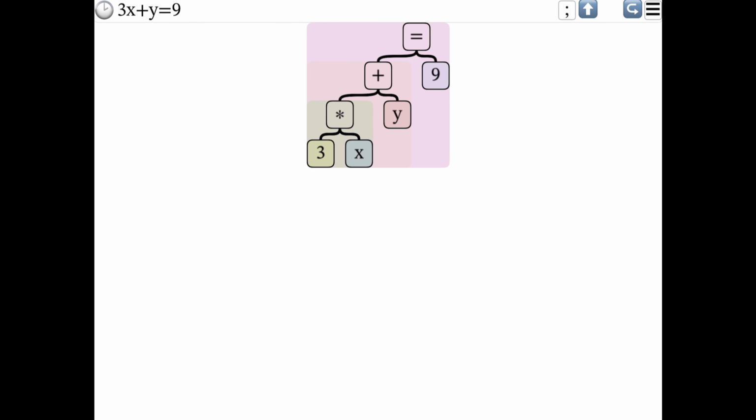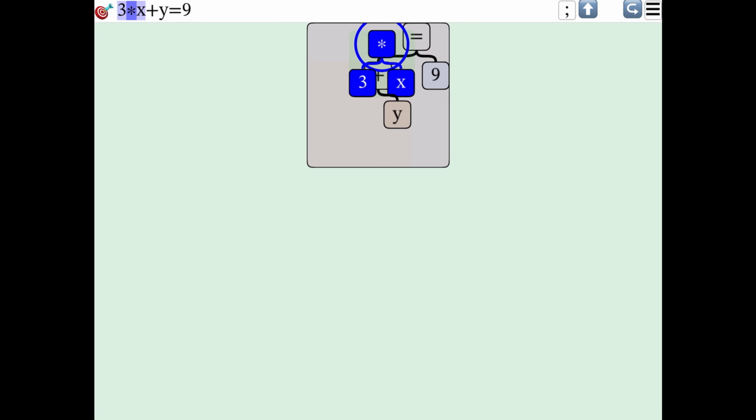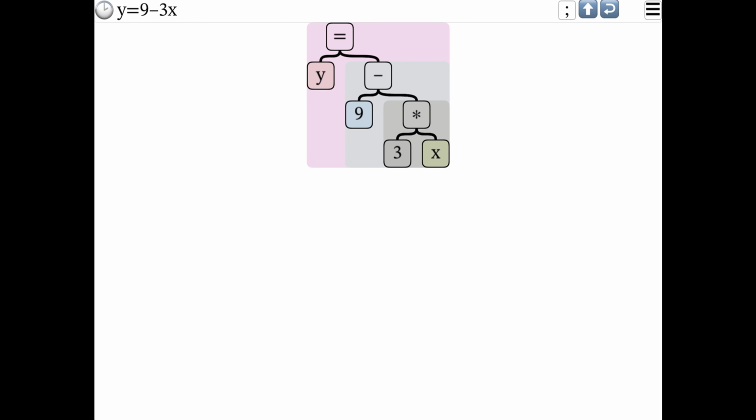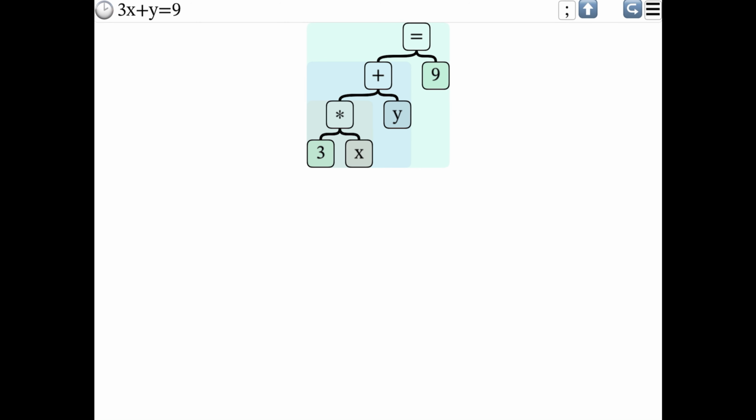We can also do it with more complicated things like other operators. When we do this, DragginMath uses the parent operator to decide how to invert the operand onto the other side. When you do algebra on paper, that's what you do too.